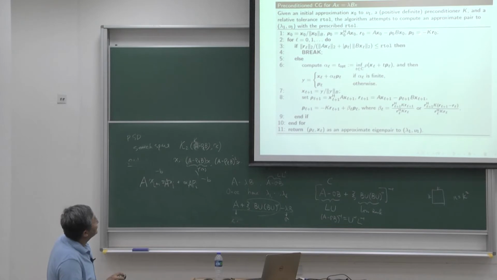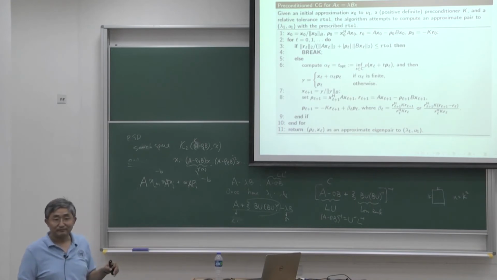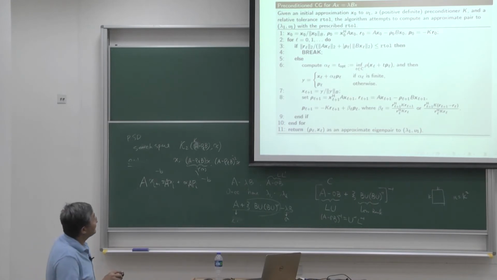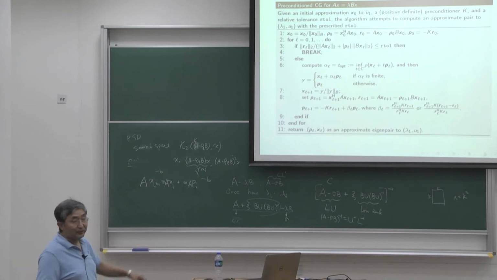Now you put a negative K. You apply K, the preconditioner, to the residual. Then this is a line search as before. Then this step is different than without preconditioner. Before, there was no K here, just simply negative r_{l+1}. Now you apply K to it.